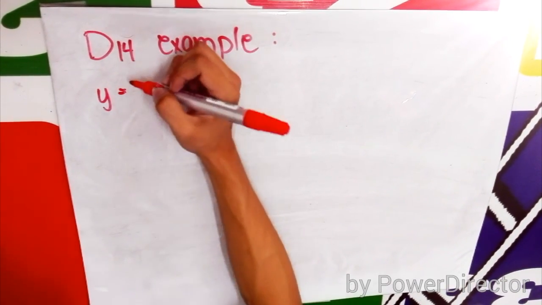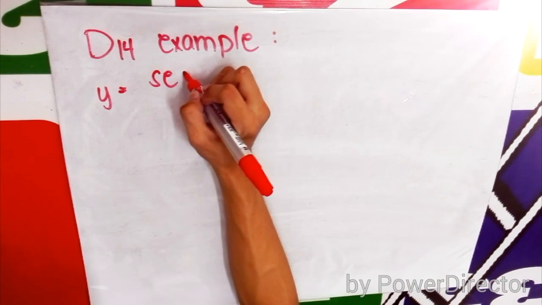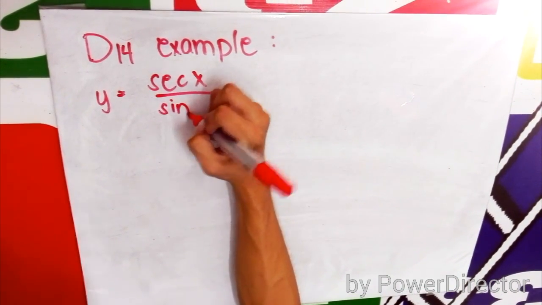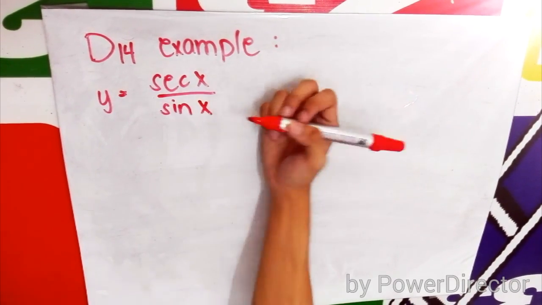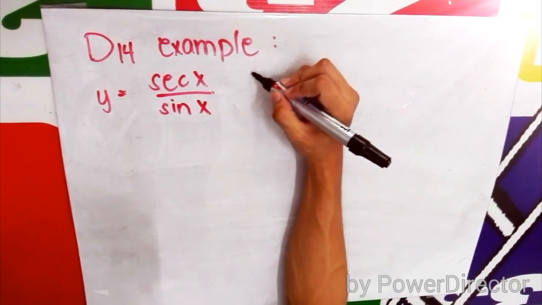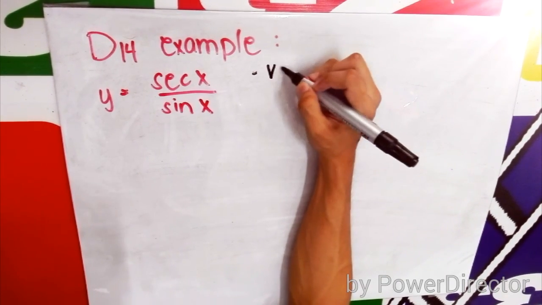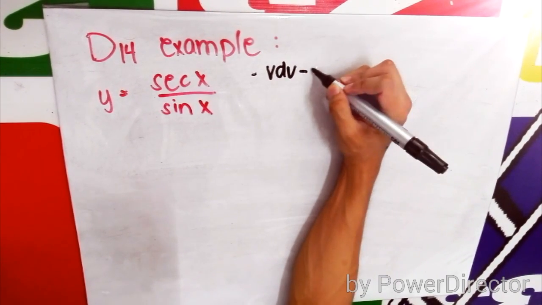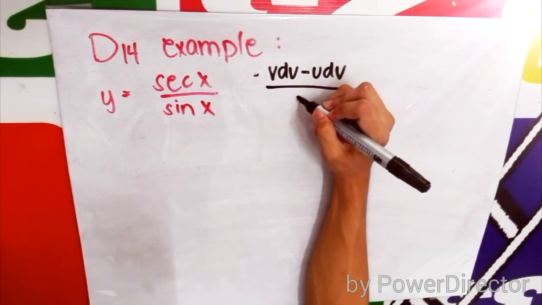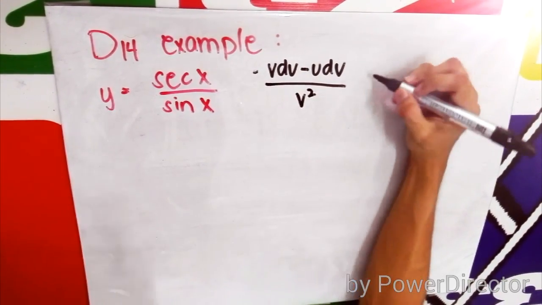For another example, y is equal to secant x over sine x. Here we will use the D6, which is v du minus u dv over v squared.